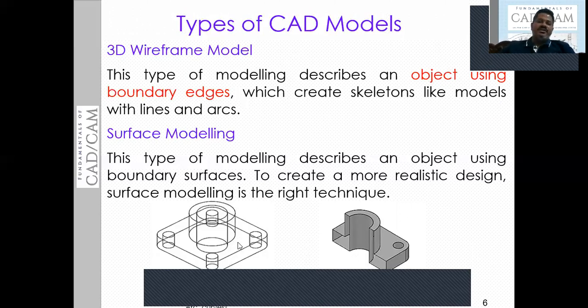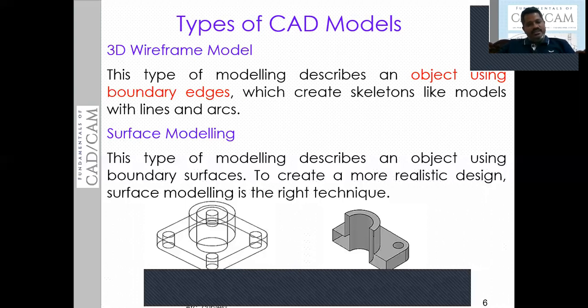That means the model is described by the edges only, just like a skeleton that you can observe in this figure. This figure consists only of lines and arcs. So the model which is described using only the edges is called the wireframe model.